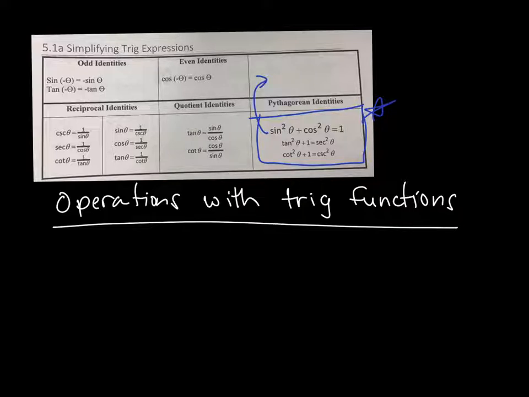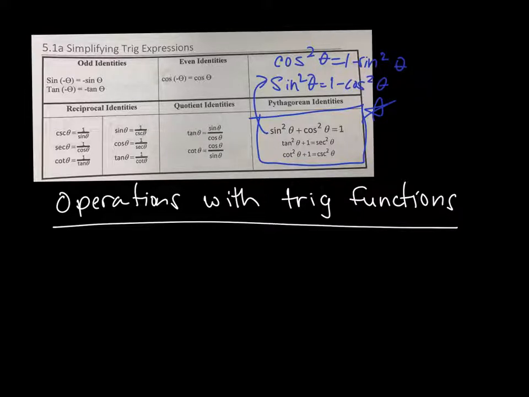Also, just as common, be prepared to understand that that has two other ones. I can also say that the cosine squared of theta is equal to 1 minus the sine squared of theta. Or I could say that the sine squared of theta is equal to 1 minus the cosine squared of theta.